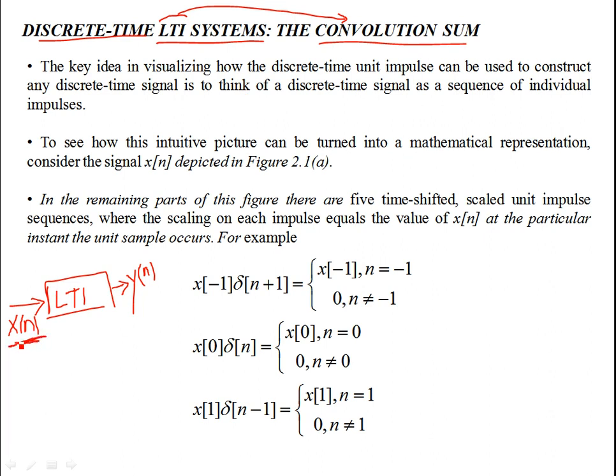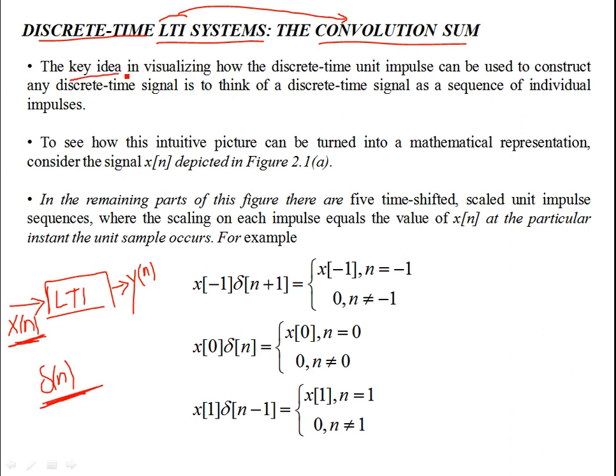Any arbitrary sequence x of n can be expanded in terms of weighted discrete time impulse sequences. Delta of n, by definition, only exists at n equal to 0, but you can express x of n in terms of shifted impulses, only the shifted impulses.